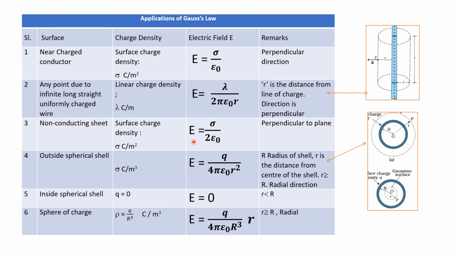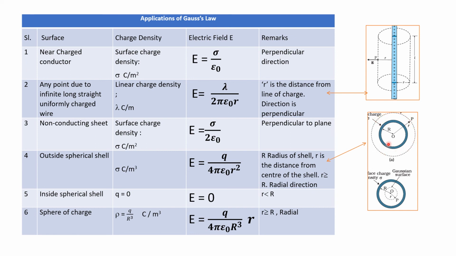In the next case, outside the spherical shell, here we have a spherical shell of radius capital R whose center is O, and we are required to find out the electric field intensity at point P, which is located outside the sphere. This dark blue line is the sphere and the dotted line is the Gaussian surface.